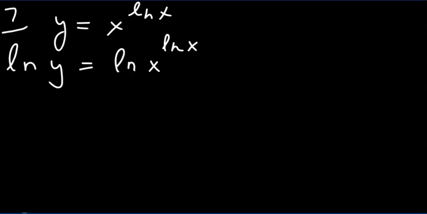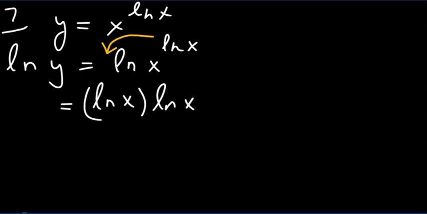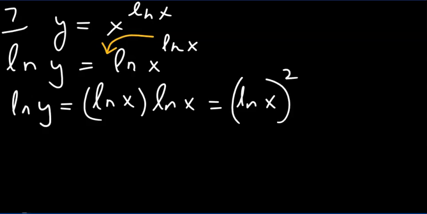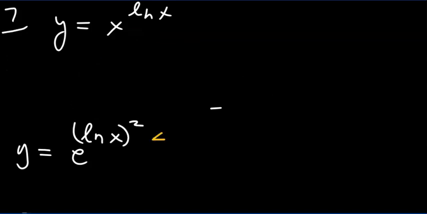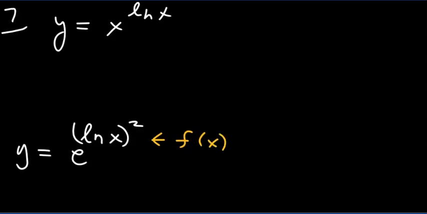Now we know from the property of logarithms, this power can be brought to the front, and you're going to get ln x times ln x, which is (ln x) squared. So that is ln y. So y is just e^((ln x)²). Note that this is just a function f(x) that we talked about at the beginning of the video.